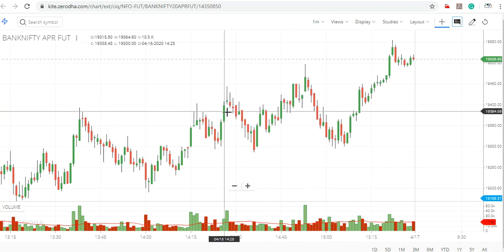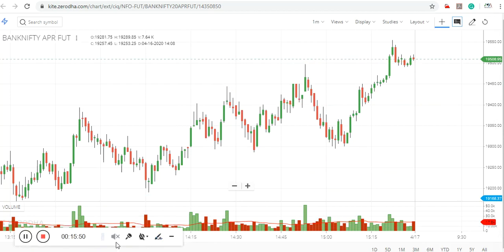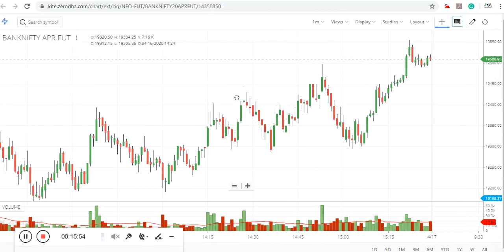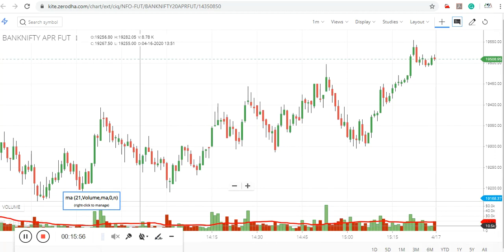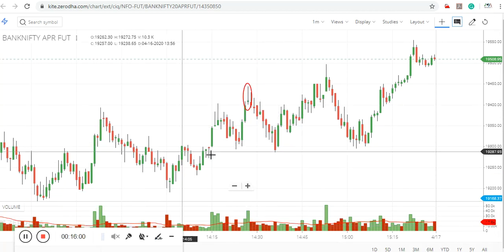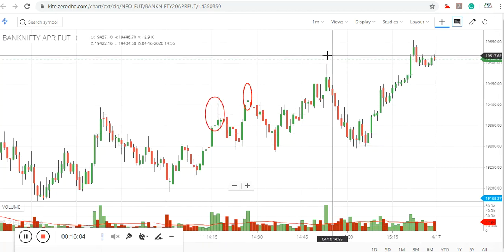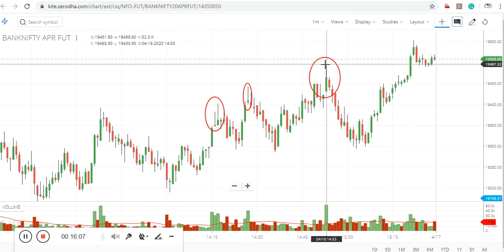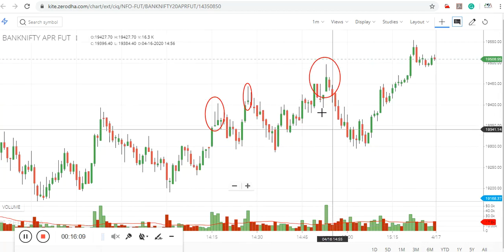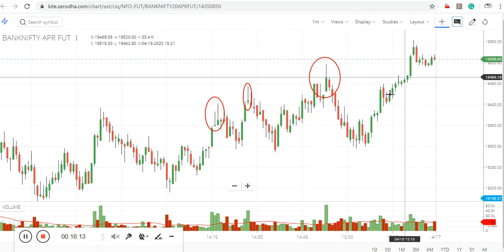This candle is an ideal candle. We have to look for candles like this. Here, this green candle, the body and the wick are equal. If you are experienced you can scalp, others don't scalp.